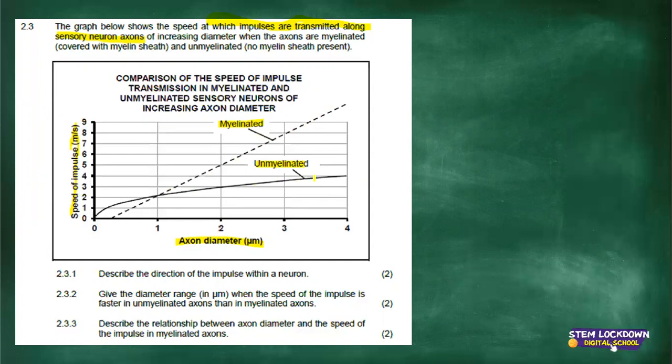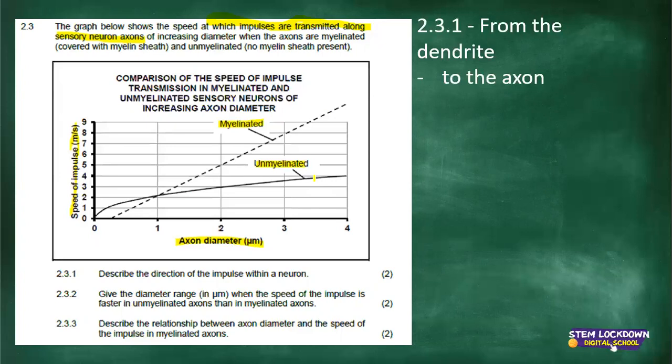So 2.3.1: describe the direction of the impulse within a neuron. The impulse would move from the dendrite to the axon. Remember that it moves from the dendrite to the axon.